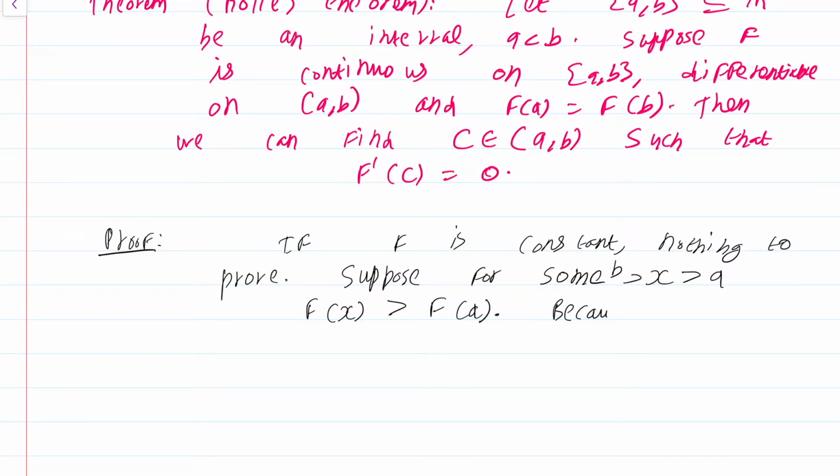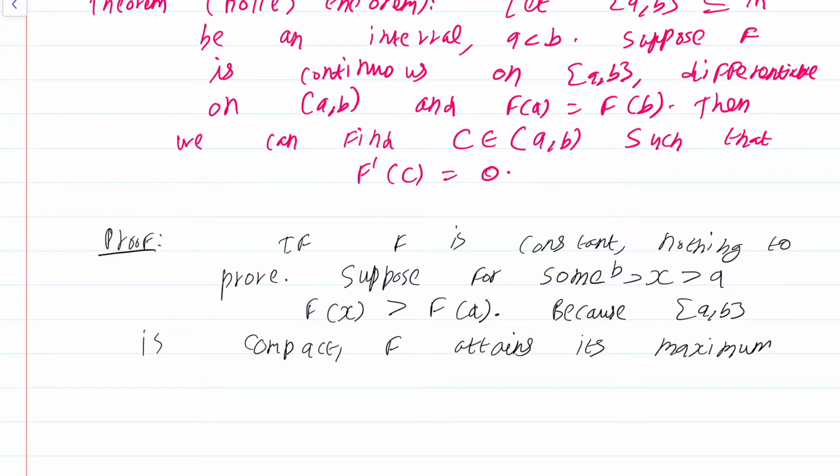Because [a, b] is compact, f attains its maximum somewhere, at some point c in the closed interval [a, b]. But the endpoint values are equal, and we already know that f of x is greater than f of a somewhere in the interior.